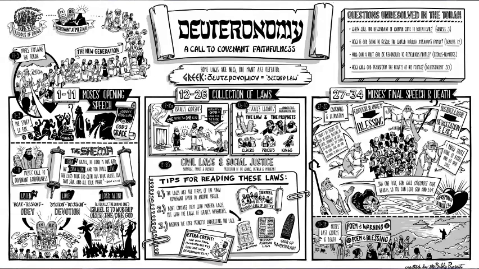Number 3, the second address, the stipulations of the Sinaitic covenant. This is going to take up the majority of the book. This is 4:44 through 28:68. And chapter 28 is the longest chapter in the book.